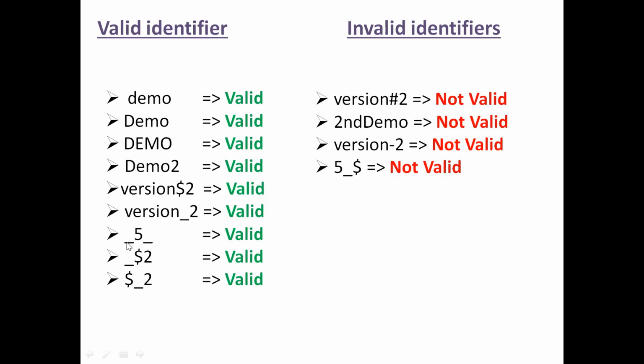This is very important, you may get confused, but remember: _2_ starts with underscore, then a number, and ends with underscore. In between, the numeric is present. This kind of naming convention is also valid because it starts with underscore, and as we learned in the previous point, it can start with underscore.